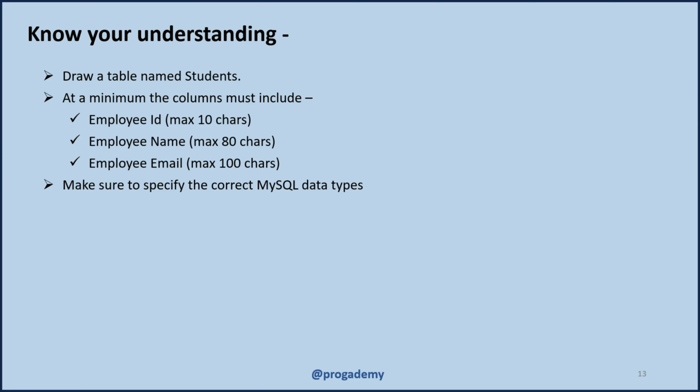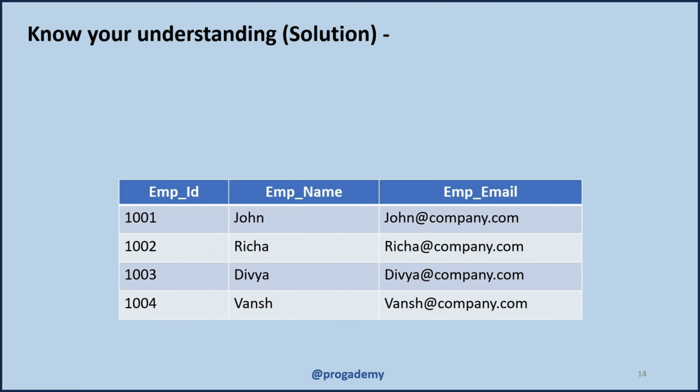Now let's check if you have done it correctly or not. This is our table: employee ID, employee name, and employee email, which will look like this, right? Employee ID must be a number, so it will be integer format.